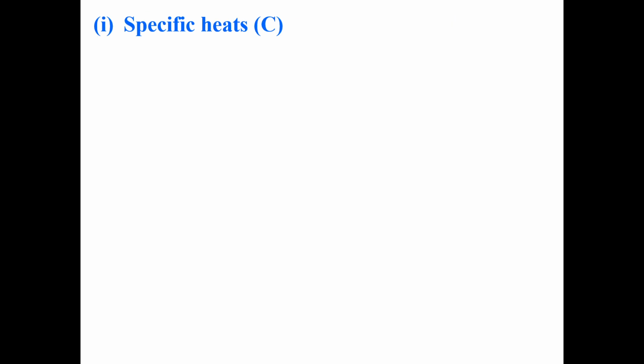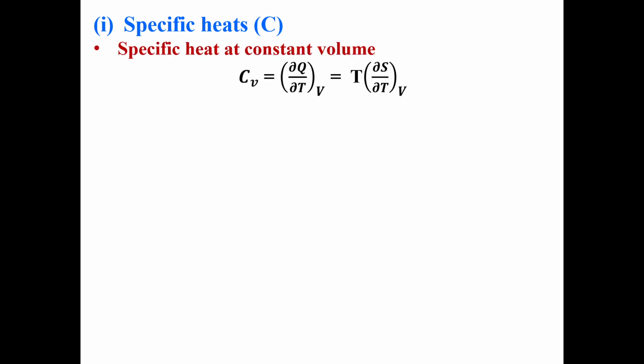So let's see specific heat. Specific heats are of two types. Number one, specific heat at constant volume, which is Cv, defined as ∂Q upon ∂T at constant volume, and this ∂Q is equal to T ∂S.